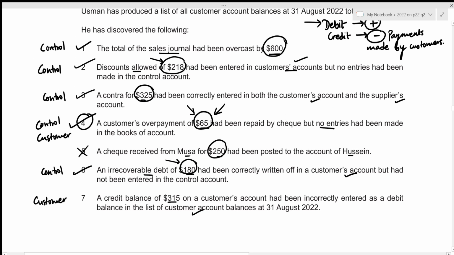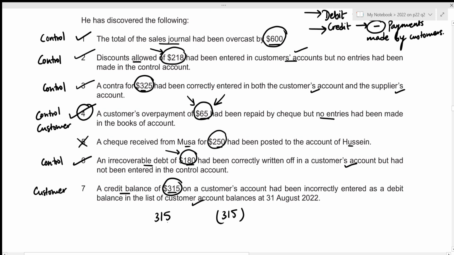And the next information that we need to adjust in our customer account balance is information 7, where a credit balance of 315, credit balance should be a negative balance in our customer account balances, right? Had been incorrectly entered as a debit balance. So what actually should have been negative 315 was included as a positive 315. And now we need to amend it.